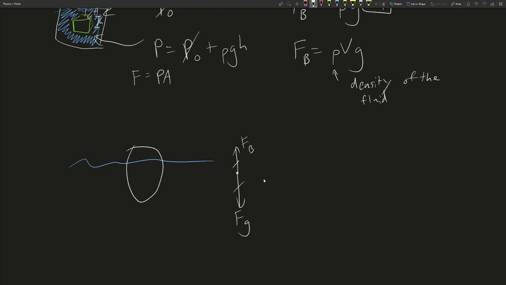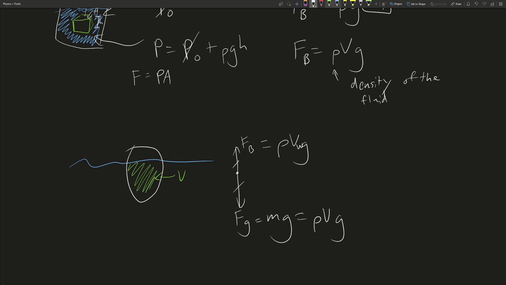Now, we know that the buoyant force here is equal to rho VG, and remember this is for the displaced water. So V here refers to this volume. So this is V, not the volume of the iceberg. And then we have here the gravitational force is equal to mg, which is also equal to rho vg, but this v refers to, I'll call this vw.